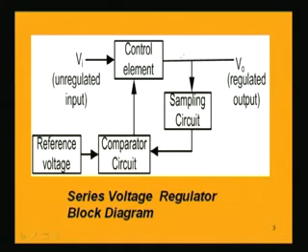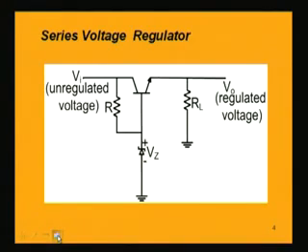Now we will be discussing a very simple series regulator circuit, the voltage series regulator, that we are having here. It has a transistor as the control element. Here we are showing an NPN transistor.